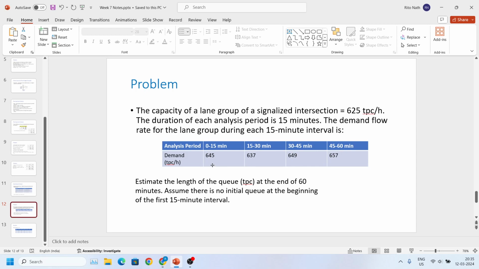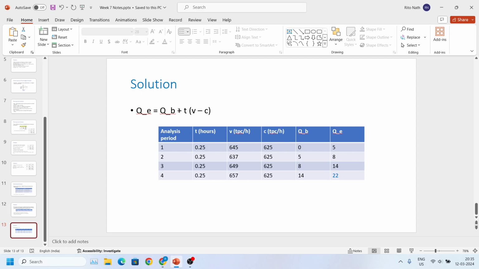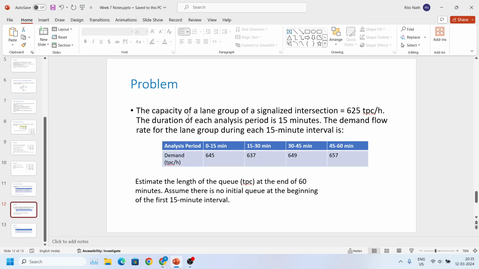Now, if you notice, for all these intervals the demand is more than the capacity, so there is always some queue building up at every analysis period, and this formula is applicable in that case. QB for the first analysis period is 0, because the problem says to assume there is no initial queue at the beginning of the first 15-minute interval.